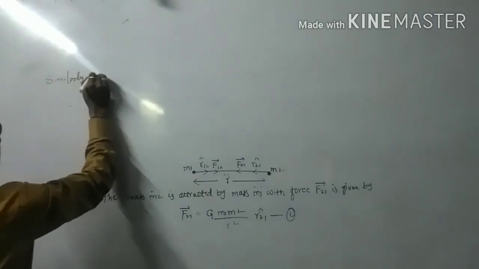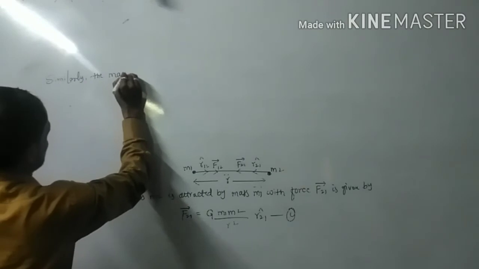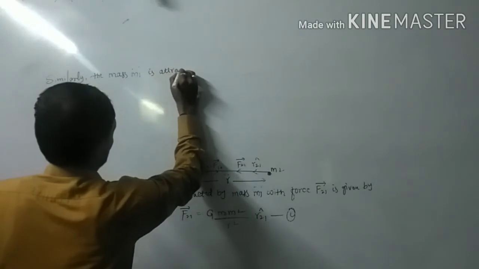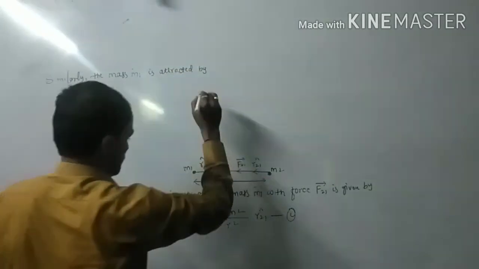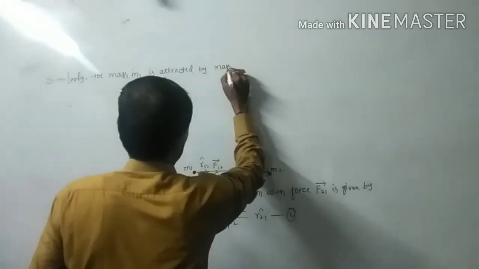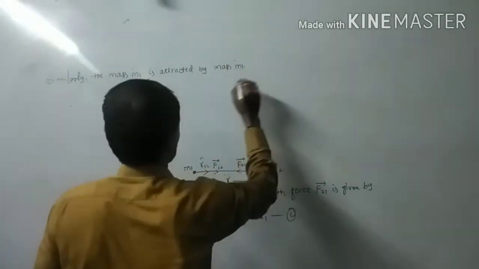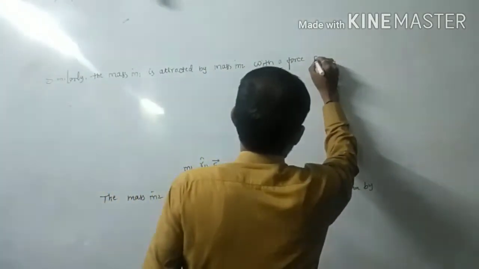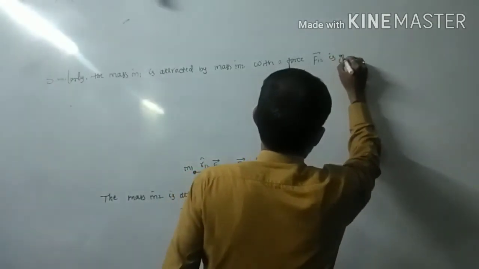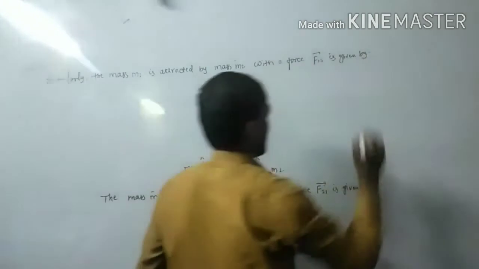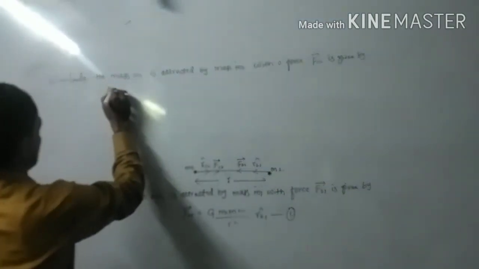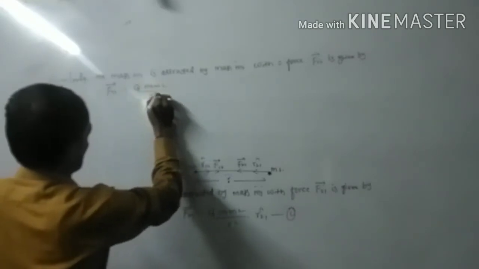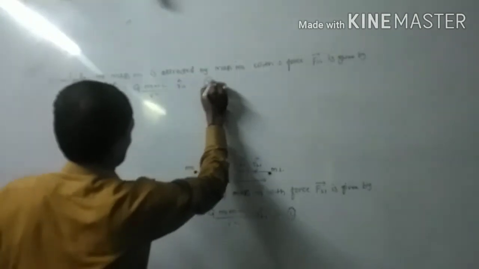Similarly, the mass m1 is attracted by mass m2 with a force F12, given by: F12 is equal to G m1 m2 divided by r square r12.